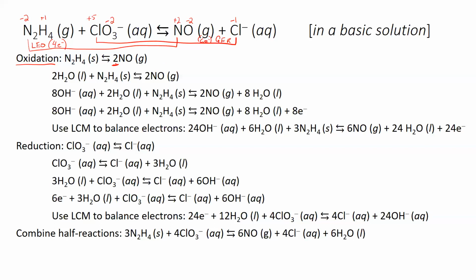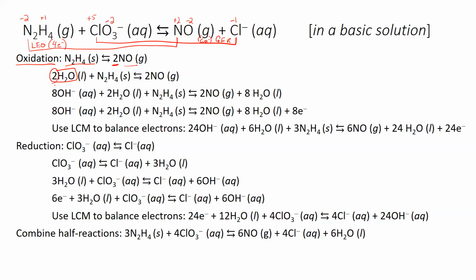So we balance the nitrogen first, and we put a 2 there. Then we've got to balance the oxygens. We have no oxygens on the left-hand side and 2 oxygens on the right-hand side, which means we need 2 waters in this next step. So we add 2 waters to the side that doesn't have oxygen on it.